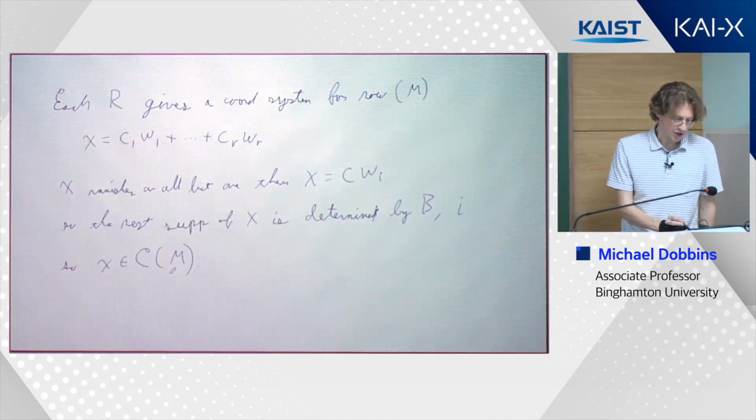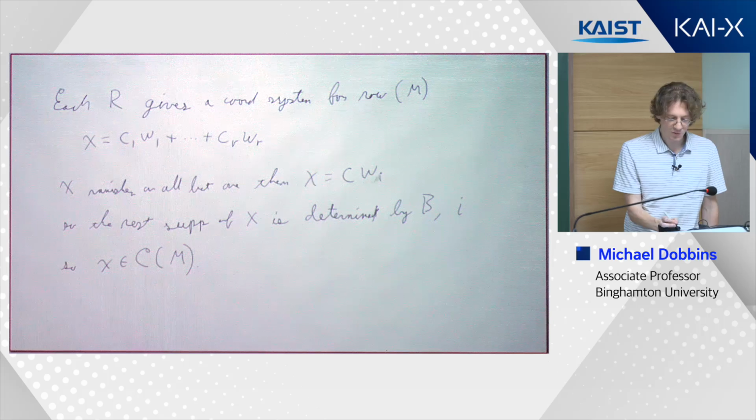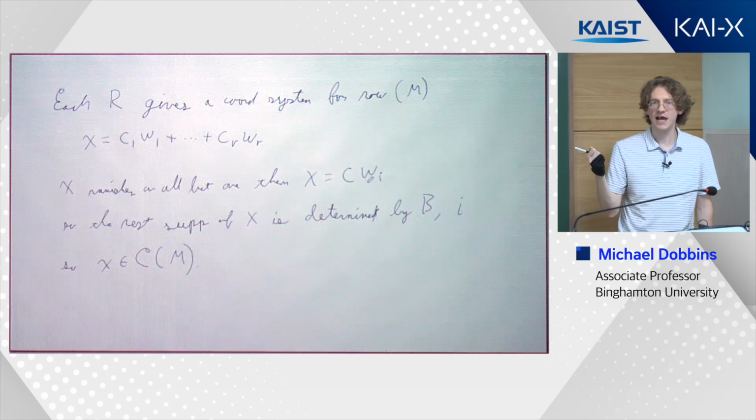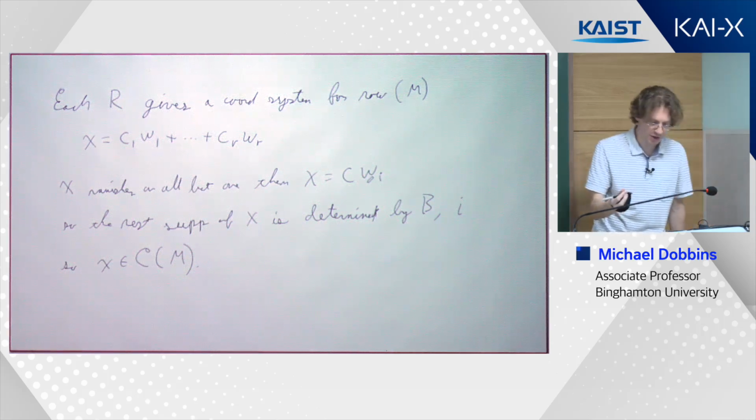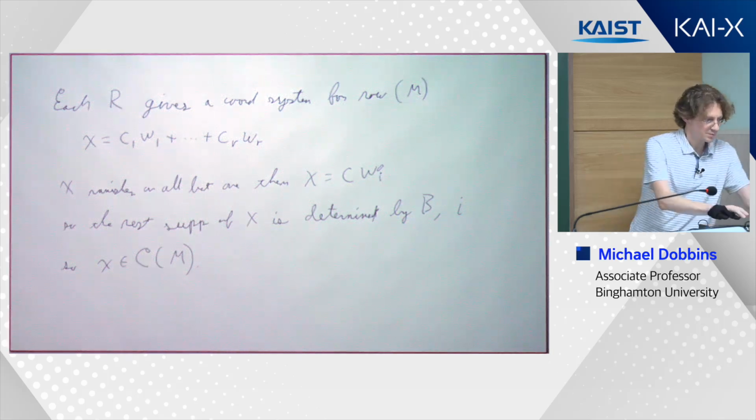How could it not be a cocircuit? The only way is if there was something else that had a smaller support. That would mean it would also have to vanish on every element of the basis except the same one that X vanishes on. The only way you could do that is if it had some extra zeros in a coordinate corresponding to a non-basis element. But that can't happen, because it's determined by the fact that X has to be a multiple of one of the basis vectors. But then we also have to consider the other direction.